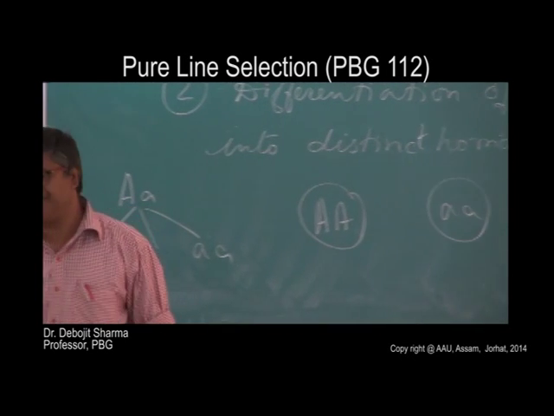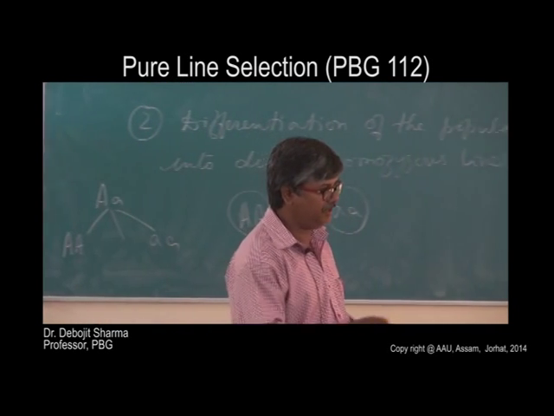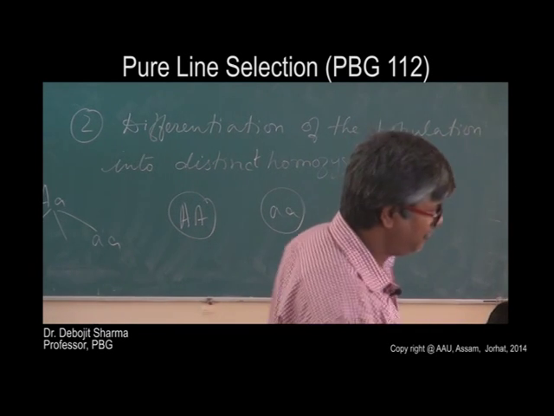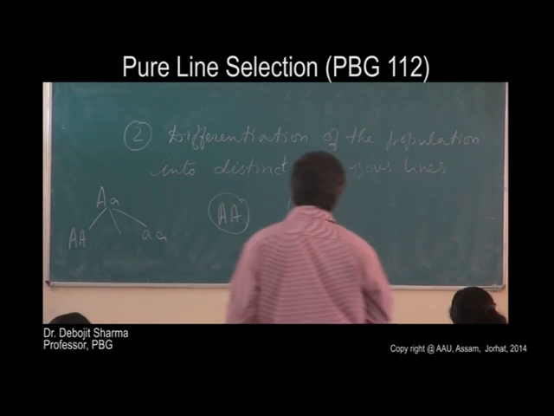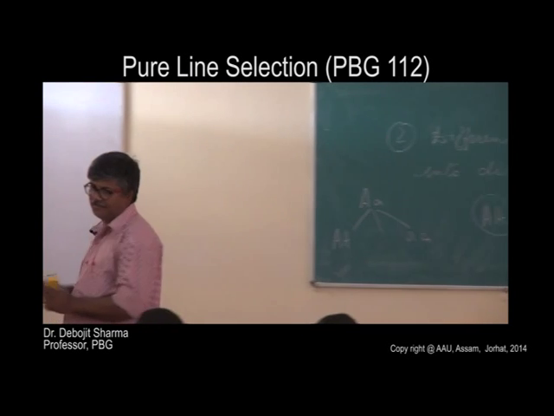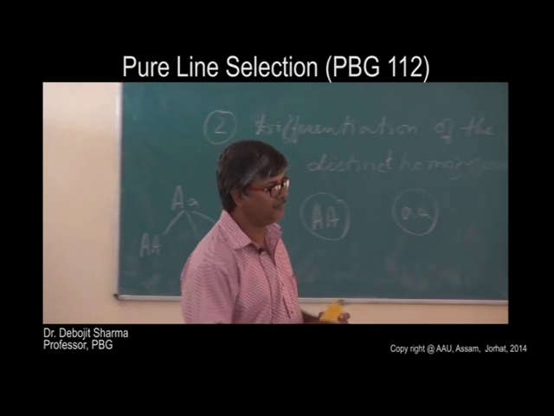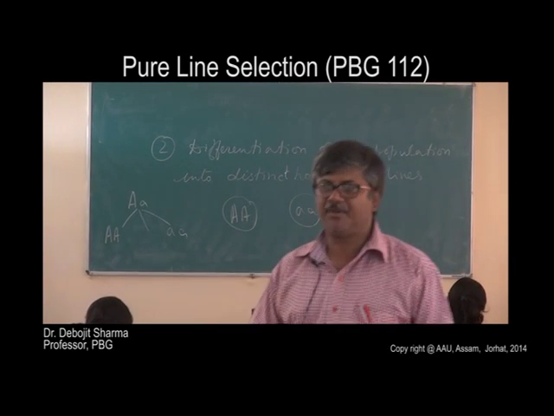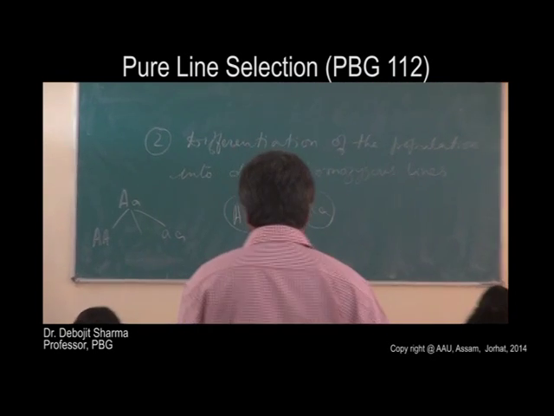Likewise, if you consider 4 genes, how many homozygotes are possible? If there are 2 genes, how many homozygotes are possible after 5-6 generations of self-pollination?